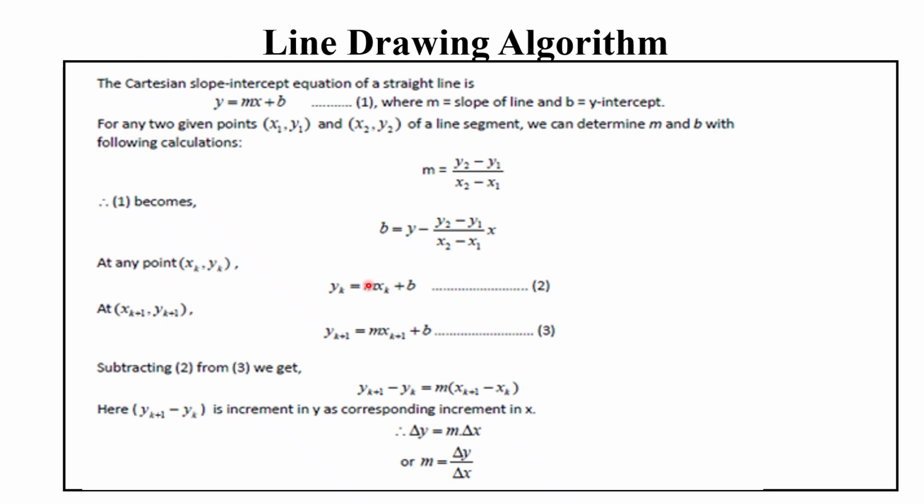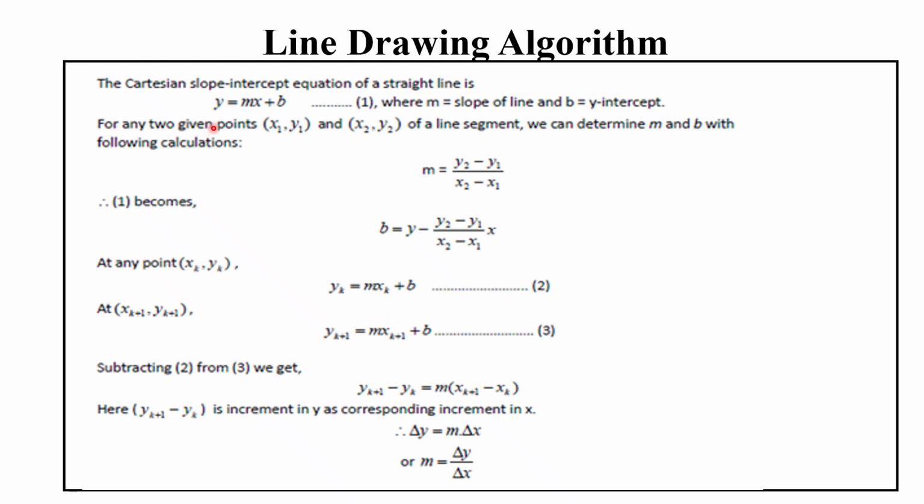Similarly, the y-intercept b is obtained with this equation, b is equal to y minus (y2 minus y1 divided by x2 minus x1) into x. At any point xk, yk, this yk can be represented as m into xk plus b.